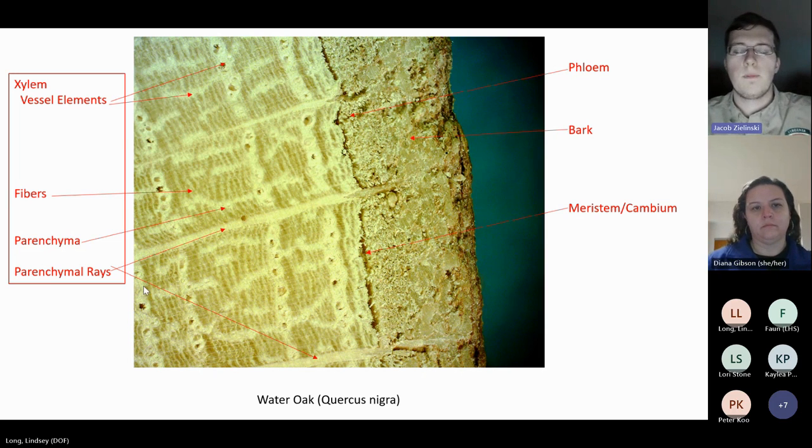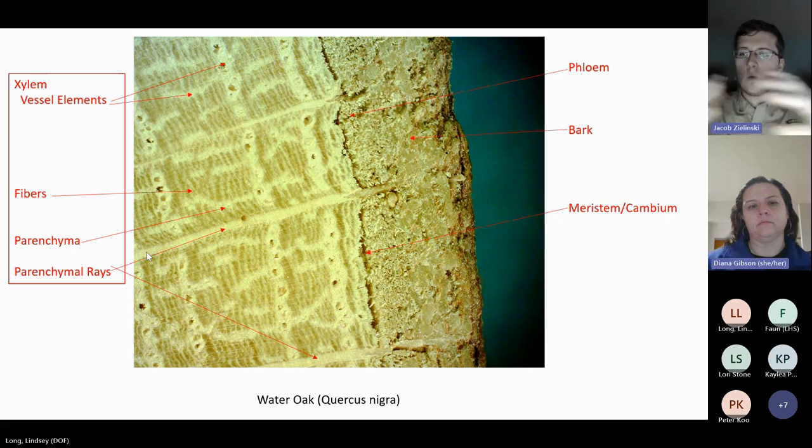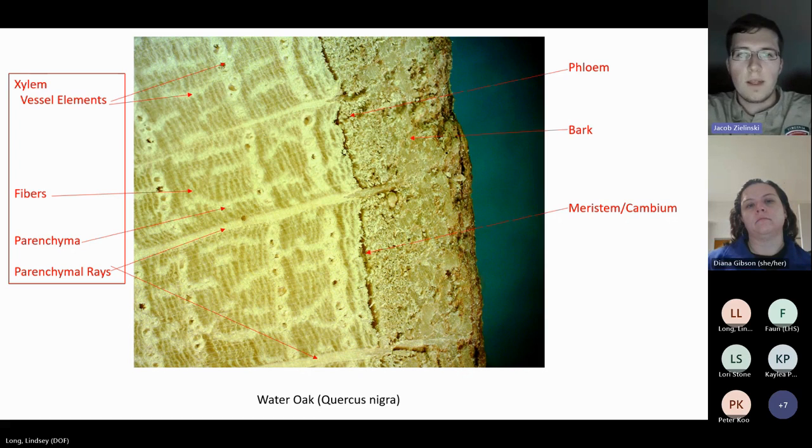So we're starting from the bark on the right and moving inwards towards the core of the tree. The bark goes in a couple of inches, and then you hit the phloem. The phloem is conducting your nutrients, that live tissue. Then you hit the cambium, pushing outwards and growing in width, just 1 to 2 cells between the xylem and phloem.